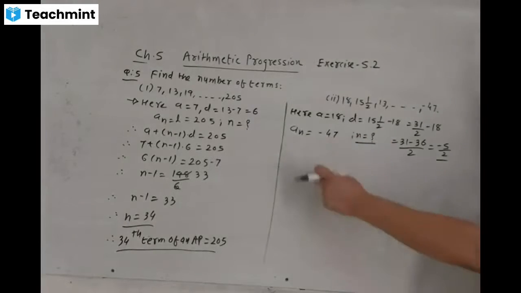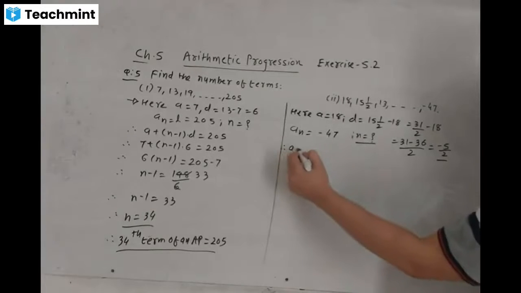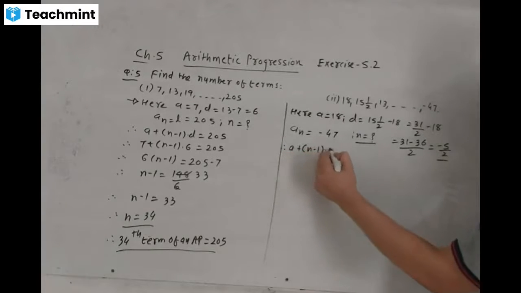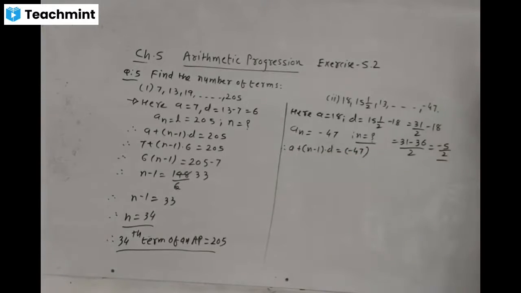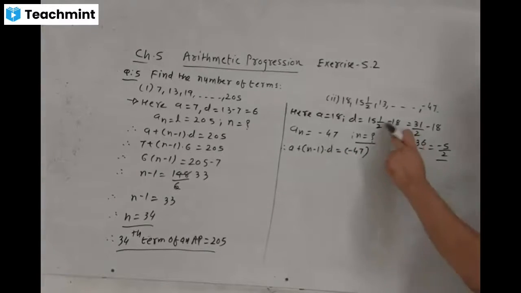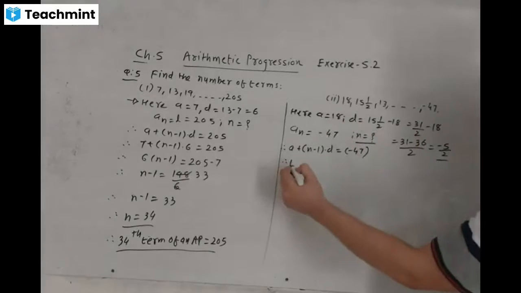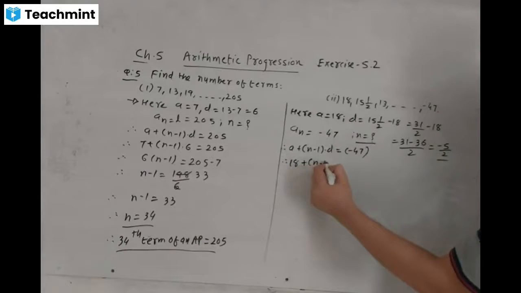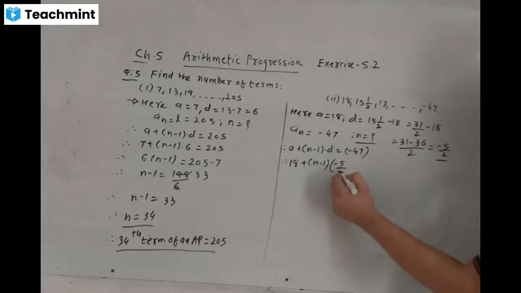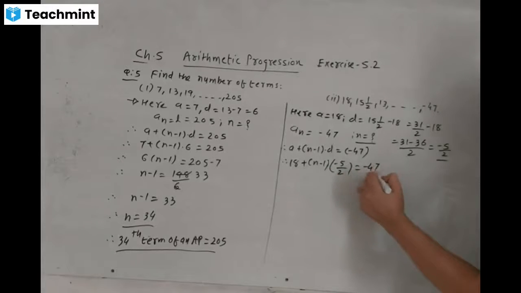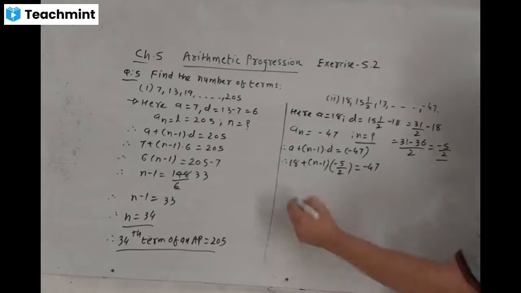Okay. So substitute the value. What is the formula of AN? AN is equal to A plus N minus 1 into D, that is negative 47. What is A? A is equal to 18 plus N minus 1. What is D? D is equal to negative 5 by 2, that is equal to negative 47. Okay.